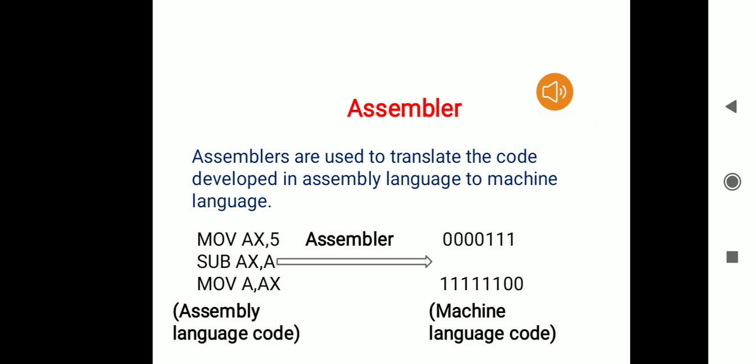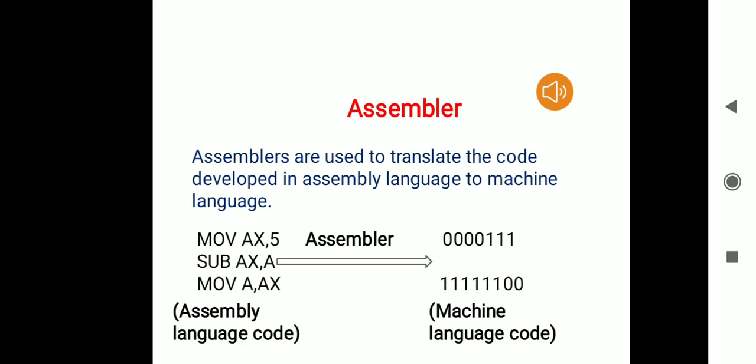Now, before I explain these three language processors, that is assemblers, compilers, and interpreters, you need to know one thing: in between the high-level language and machine language, there exists another language called the assembly language.